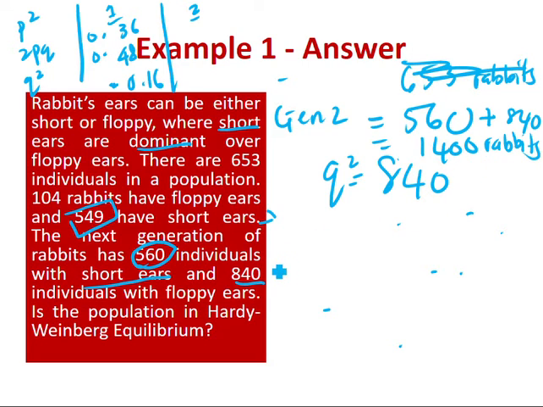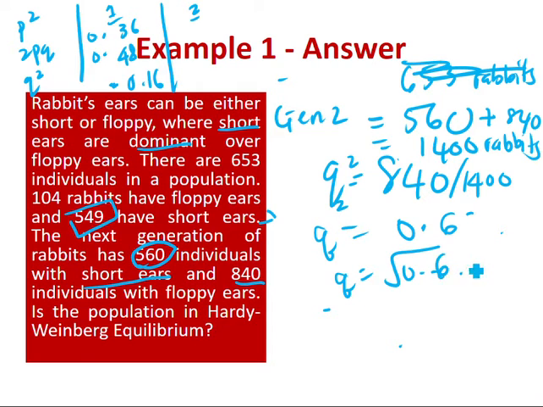So homozygous recessive is 840 rabbits over 1,400 rabbits. You will get 0.6. So q squared is 0.6. So q is the square root of 0.6, which is 0.7746.